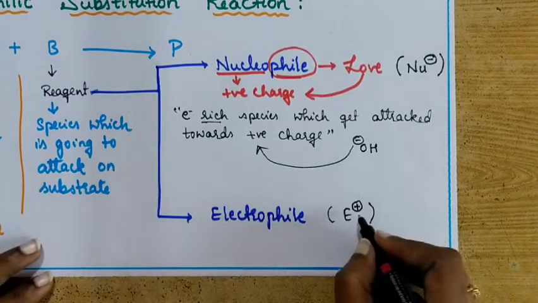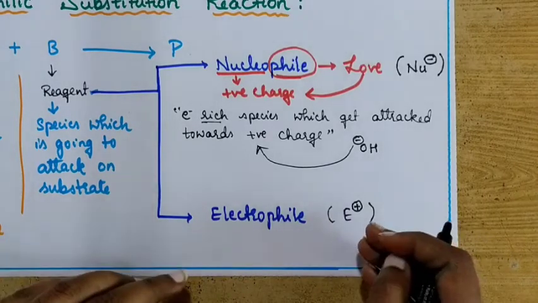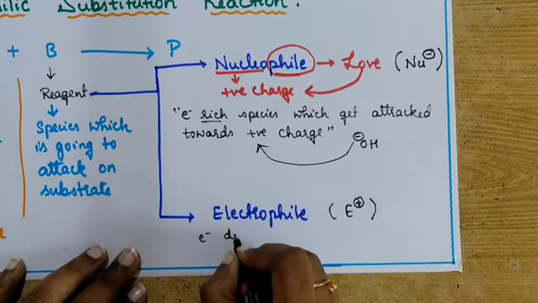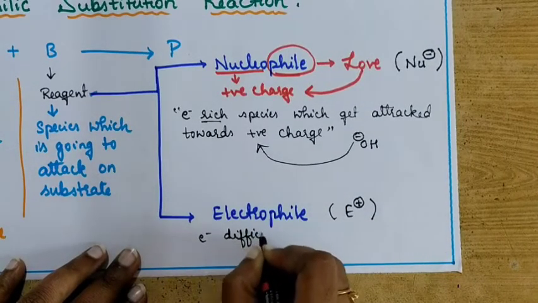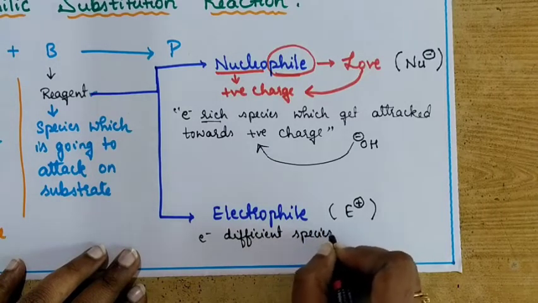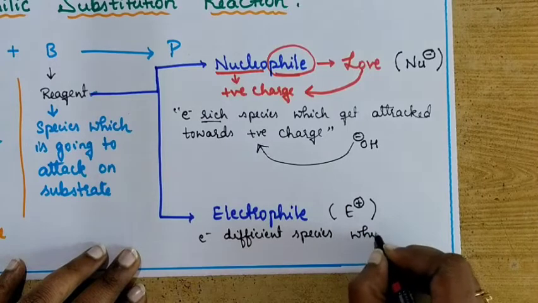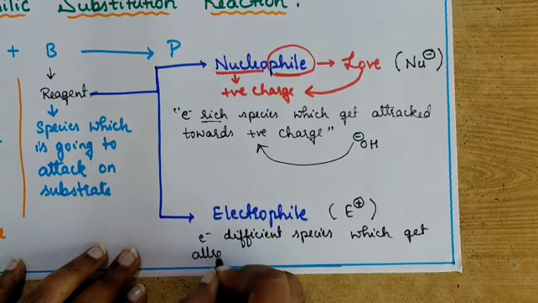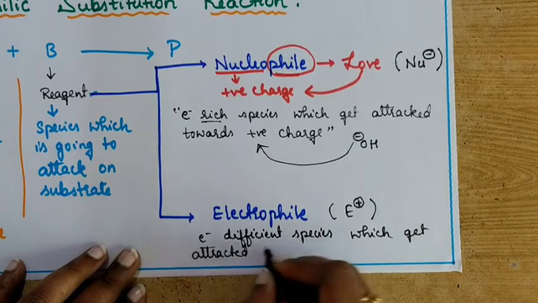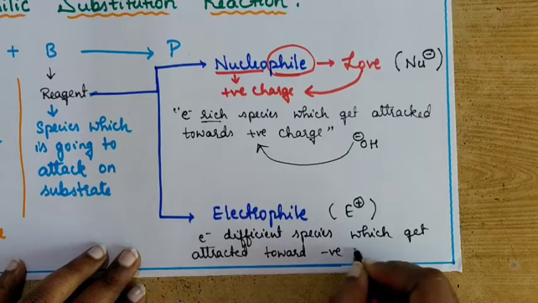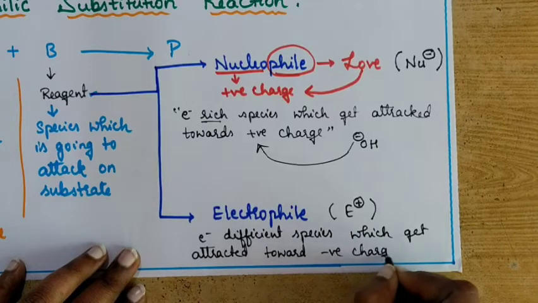And for your reference, electrophile can be represented as E plus. We are writing E plus because electrophile is an electron deficient species which gets attracted towards negative charge.